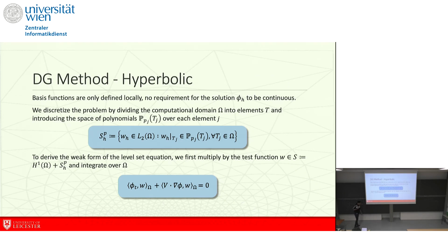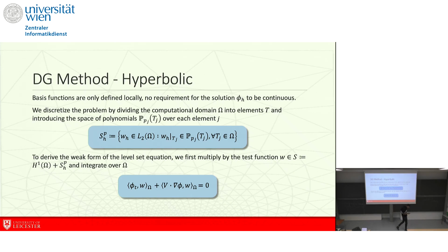So how do we formulate the level set equation as a DG scheme? First of all, we set up our family of polynomials here, and we derive the weak form the same way as we would for the continuous method, just multiply by a test function and integrate over the domain.